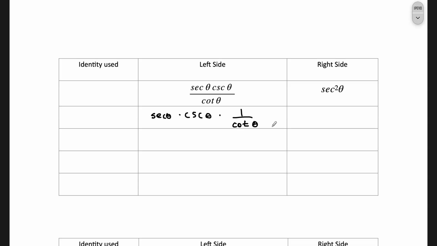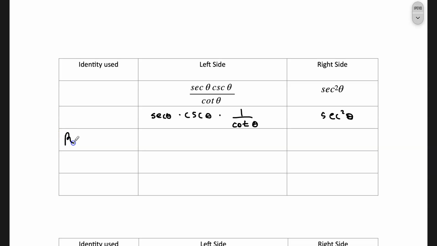Now when you get good at proofs, you'll be able to do that sort of thing in your head. You'll just be able to see it as 3 separate things. But since we're just starting out, I'm going to use this empty box as an opportunity to rewrite everything as separate. Now we can individually change them to sines or cosines.